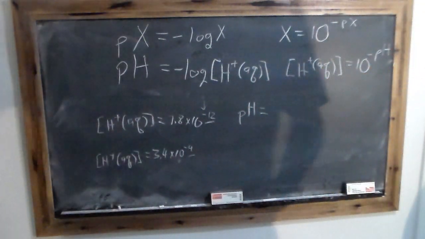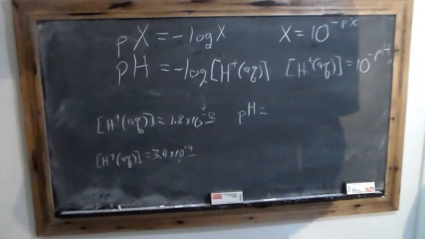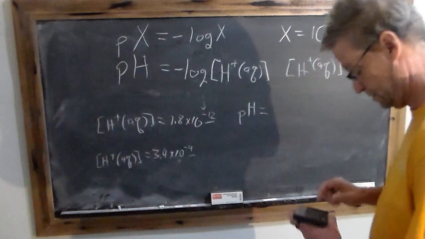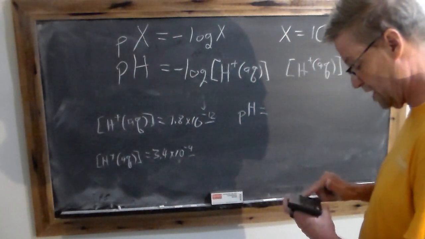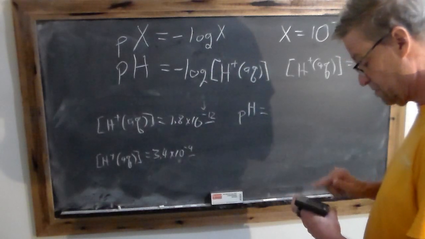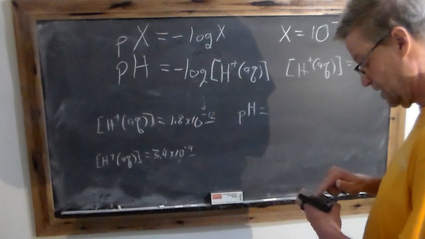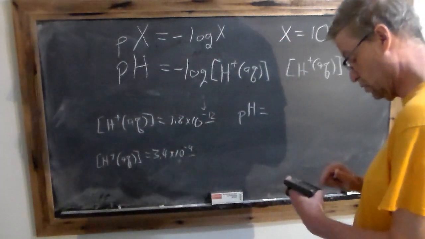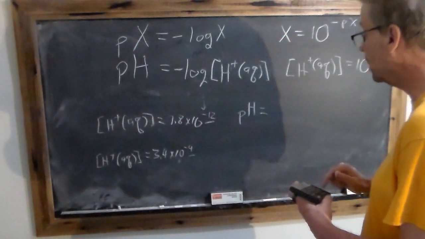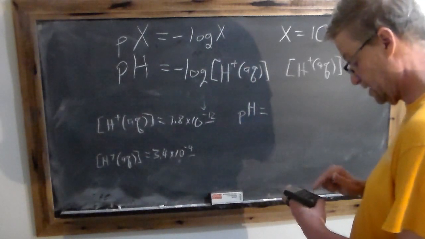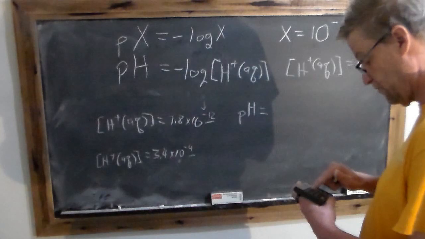Let's do it for real. Like I say, if you want to play along, 7.8 times 10 to the negative 12th. This pH is, whoa, that's not right. Let's try that again. 7.8 times 10 to the negative 12th.